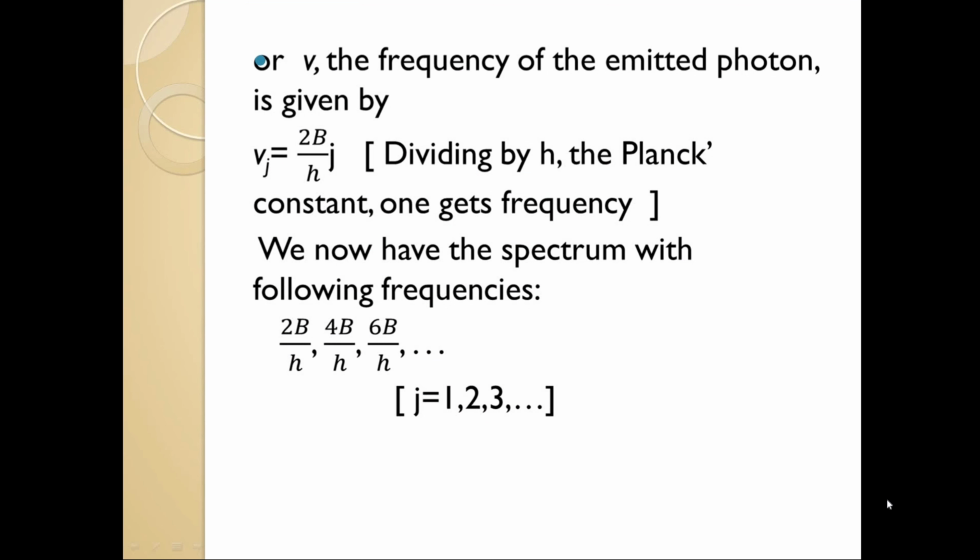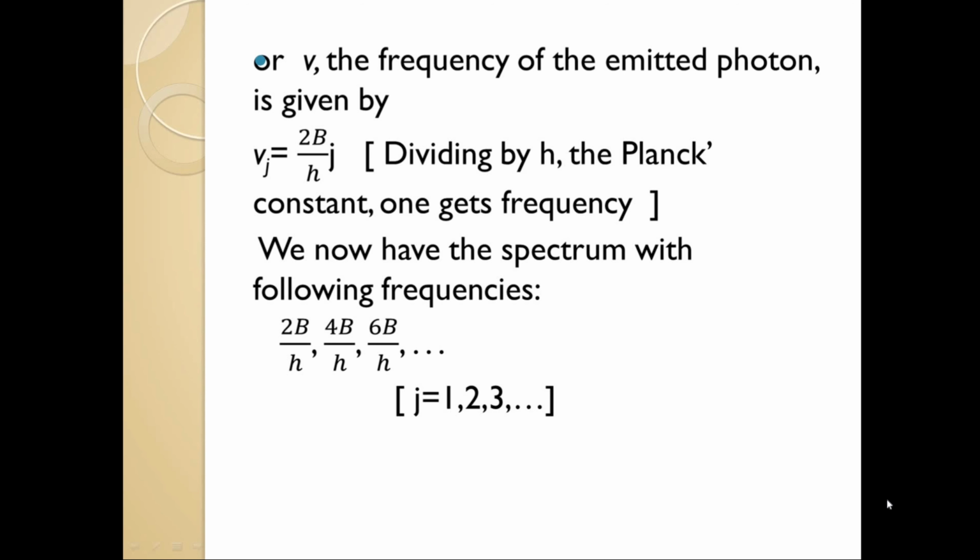Now we have to be very cautious here. Nu is the frequency of the emitted photon given by nu j equal to 2B by h into J. Dividing 2B by h, we find the frequency, where h is the Planck's constant.